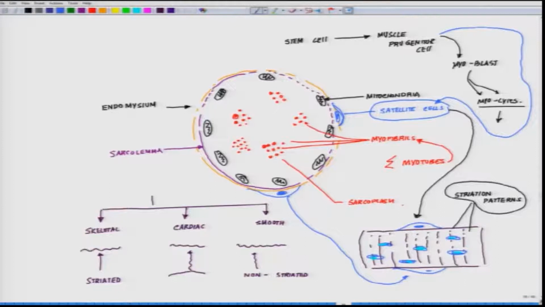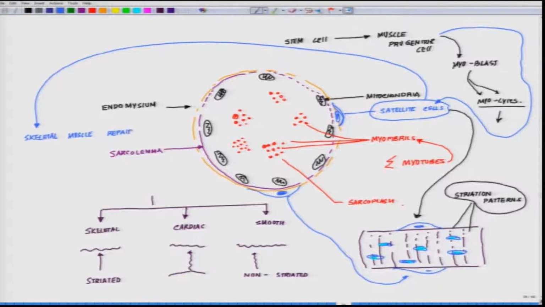These satellite cells come very handy for skeletal muscle repair, because whenever they are damaged, they have tremendous potential to divide and take up this route again, from here, the route of myoblast to myocytes and so on and so forth.